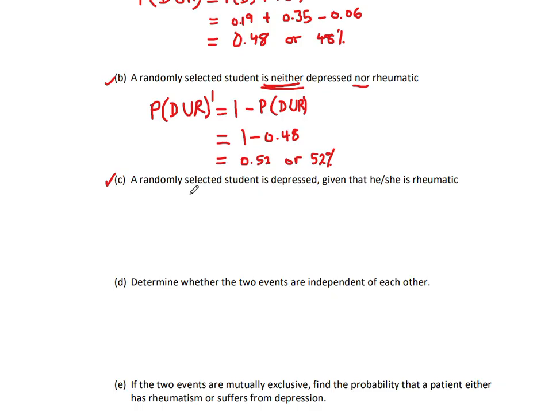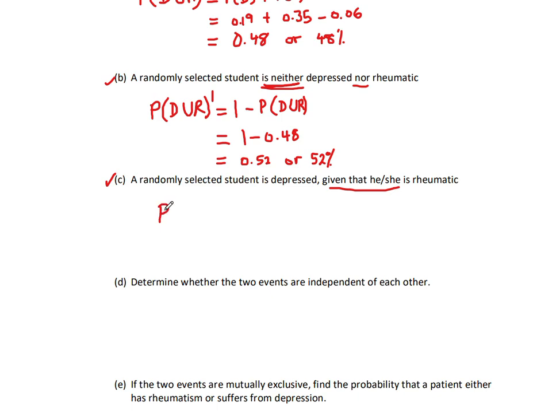Now for question C. A randomly selected student, find the probability that a randomly selected patient is depressed given that he or she is rheumatic. Once we're finding the probability of one event given another, or one event if another condition holds, this is called conditional probability.